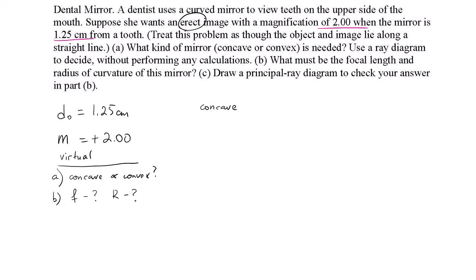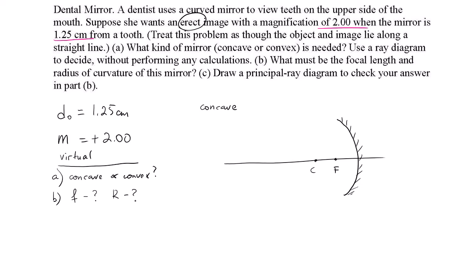Let's suppose that you have a principal axis. Here's the concave mirror and the shiny side is inward. If I imagine this to be the center of the curvature, this should be the focal point.